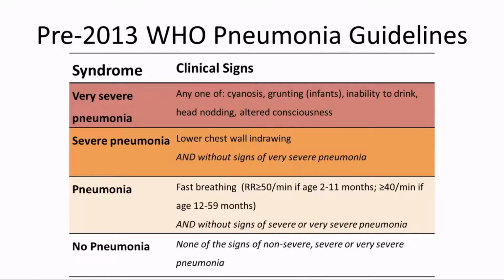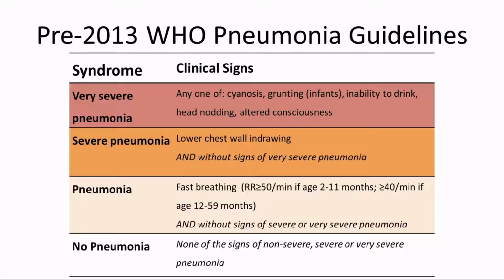So based on simple clinical signs, children would be categorized into one of 4 levels of severity, with the most severe being children termed as having very severe pneumonia, defined by the presence of central cyanosis, grunting, inability to drink, head nodding, and altered consciousness.